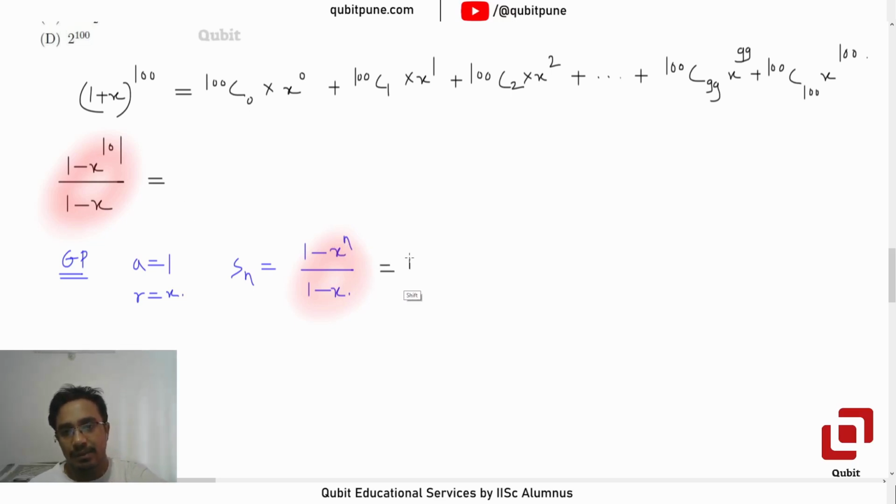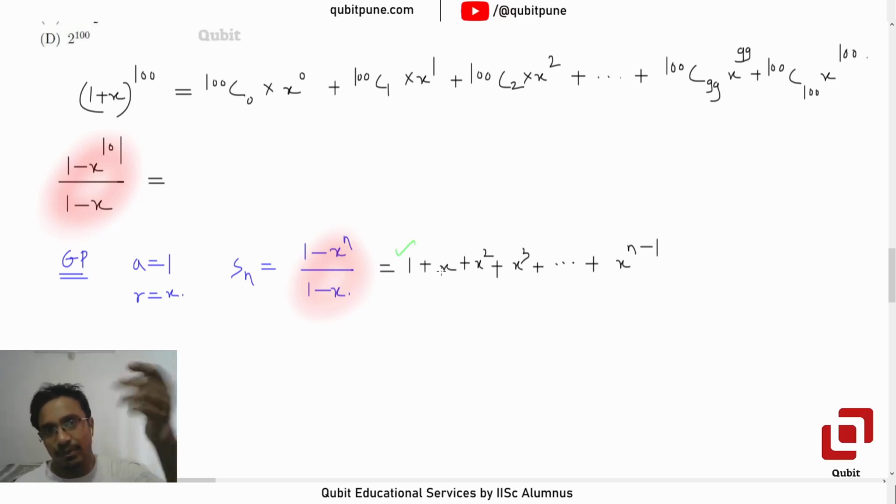So what is this GP? 1 plus x plus x squared plus x cubed, and mind you, we are not going till x raised to n. We will stop at x raised to n minus 1. Why? Because the first term is 1, so x raised to 1 is the second term, x raised to 2 is the third term, x raised to 3 is the fourth term, so x raised to n minus 1 will be the nth term.